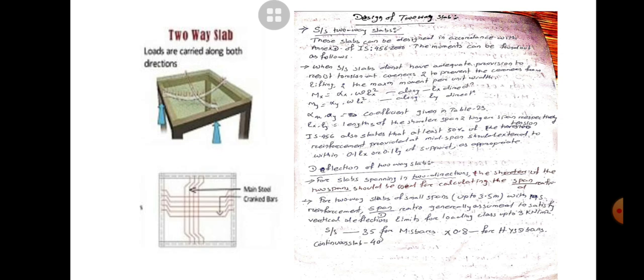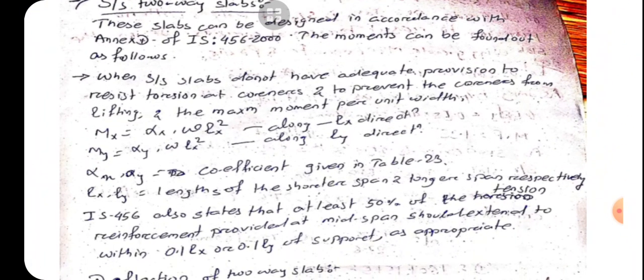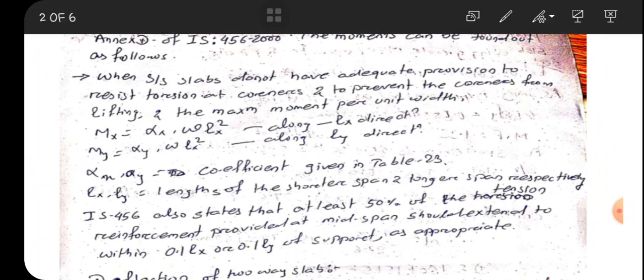As you are seeing, Mx is alpha x w into lx square and My is alpha y w into lx square. This alpha x and alpha y are the coefficients given in Table number 23.